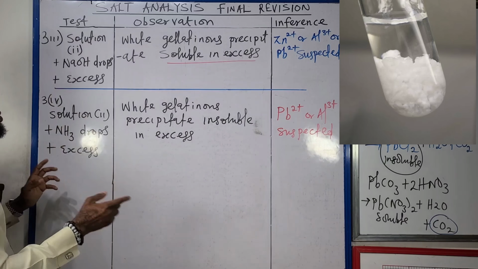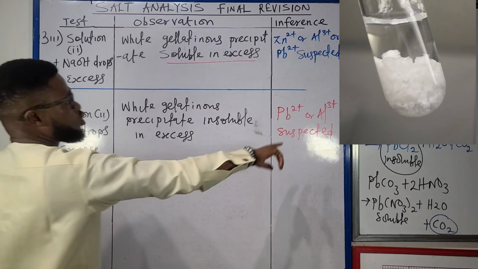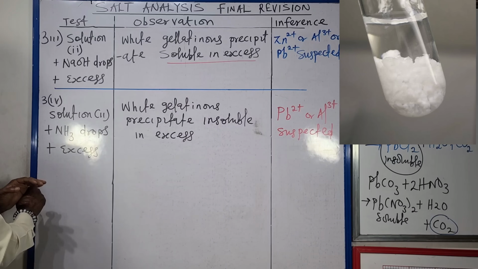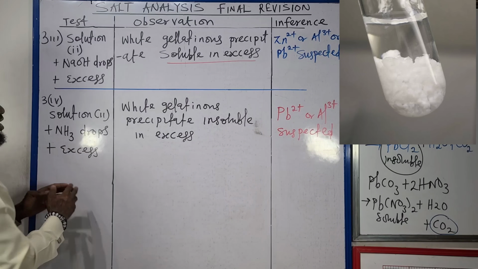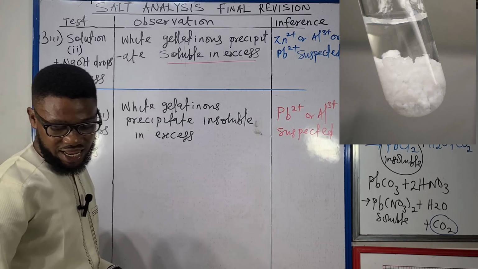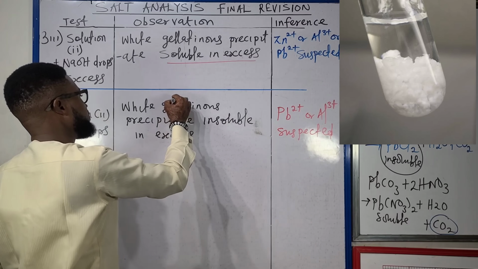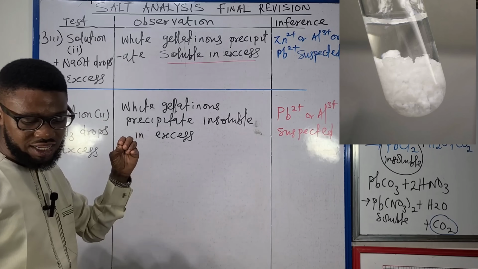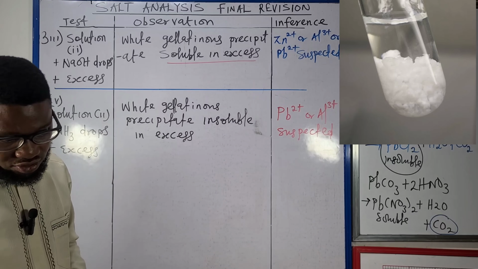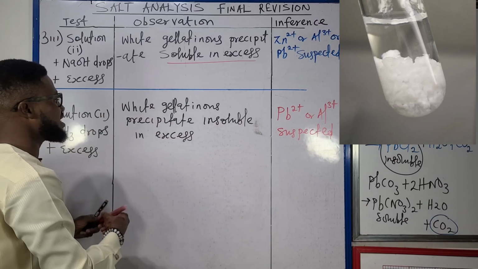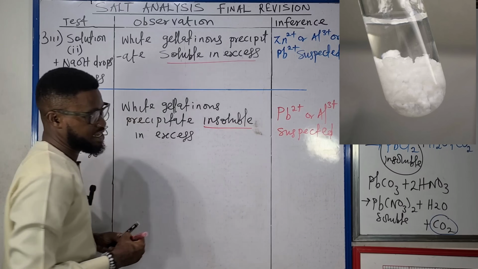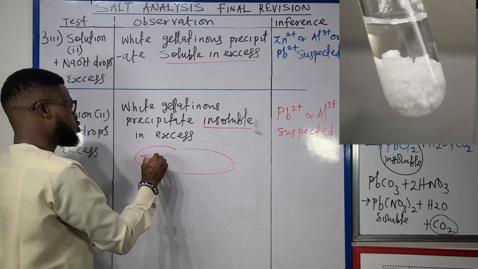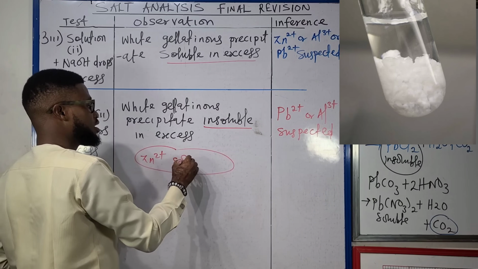ammonia. Now, the solution in Roman figure 2, where we dissolved the residue with acid, plus aqueous ammonia in drops and then in excess, gives a white gelatinous precipitate insoluble in excess. You see, this time around it ended up being insoluble in excess. But in the case of zinc 2 ion, it will still be soluble.